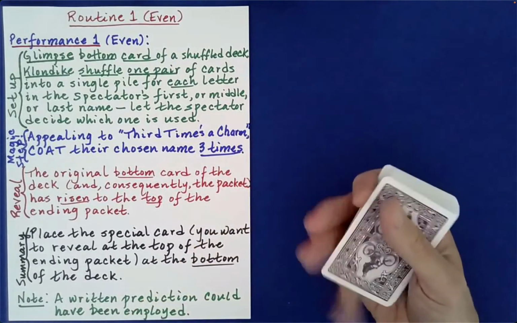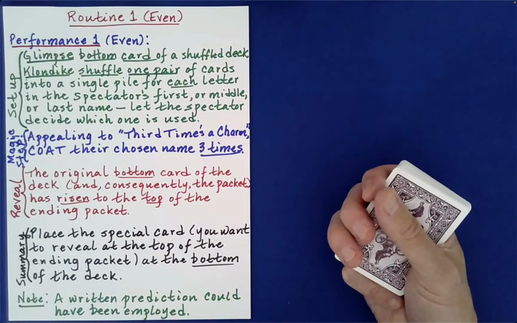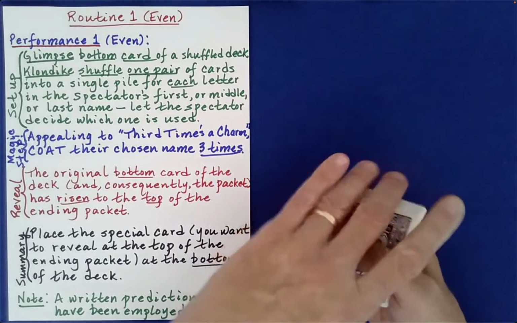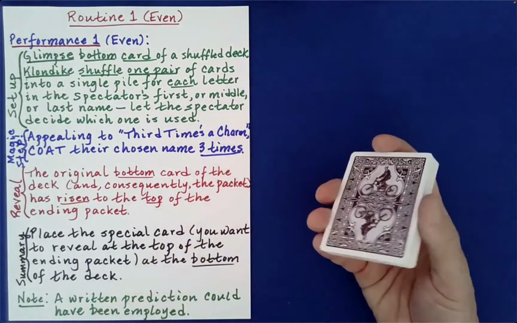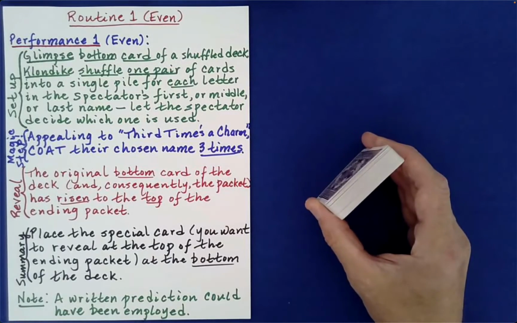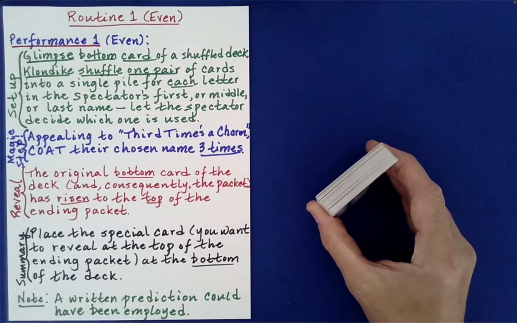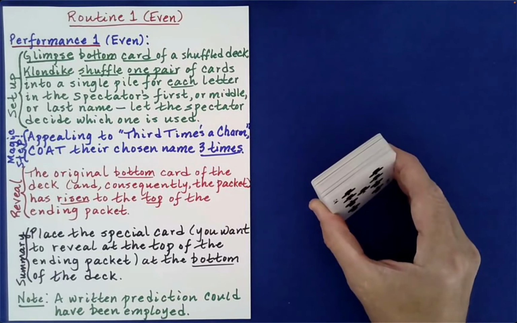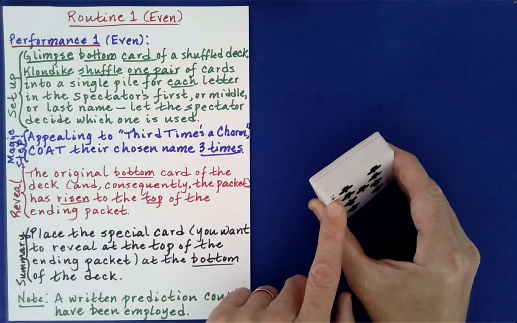Well, you can get a glimpse of the bottom card very easily, actually, because under the guise of straightening up the cards, you can tap them on the table. And this is a technique I've shown before. And when you do that, you can catch a glimpse of the bottom card.